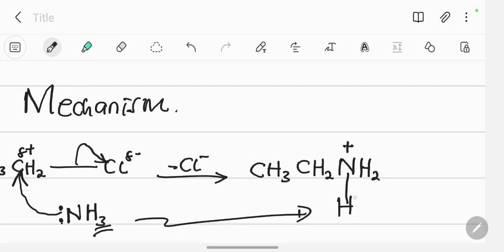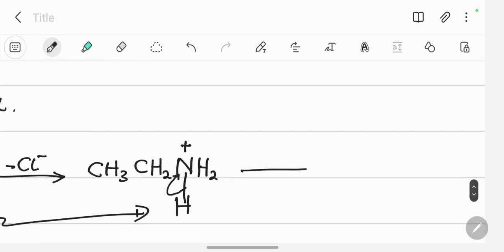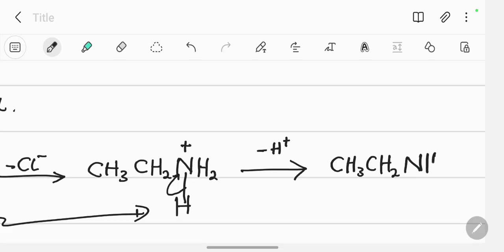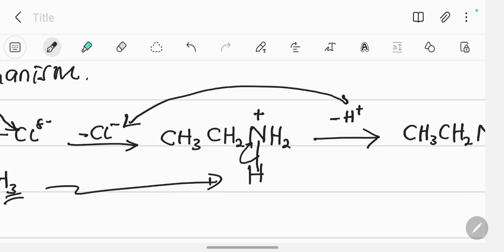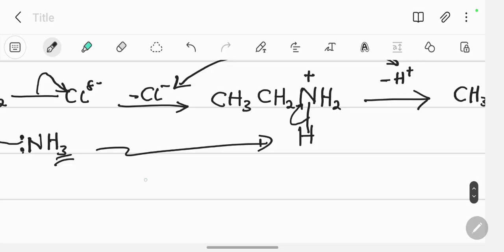Now, as it is a plus, I have to remove these electrons and neutralize that charge and end up with a loss of hydrogen, and CH3, CH2, NH2, like that. Then the hydrogen and the chlorine have to react there.